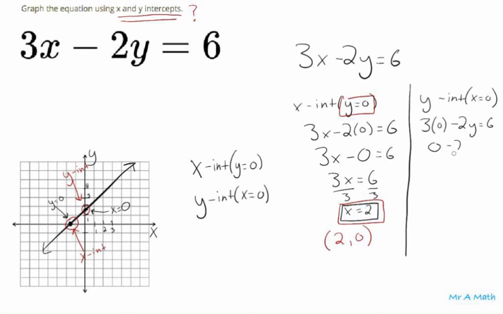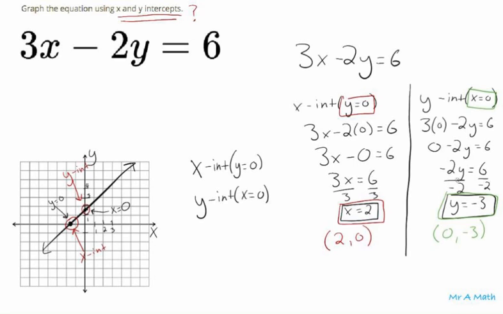I have 0 minus 2y equals 6, which, 0 minus anything is just the anything. If I divide both sides by negative 2, I get y is equal to negative 3 as my y-intercept. So again, what does that mean? That means that when x is equal to 0, y is equal to negative 3, which is an ordered pair, and I can write my ordered pair as (0, negative 3).